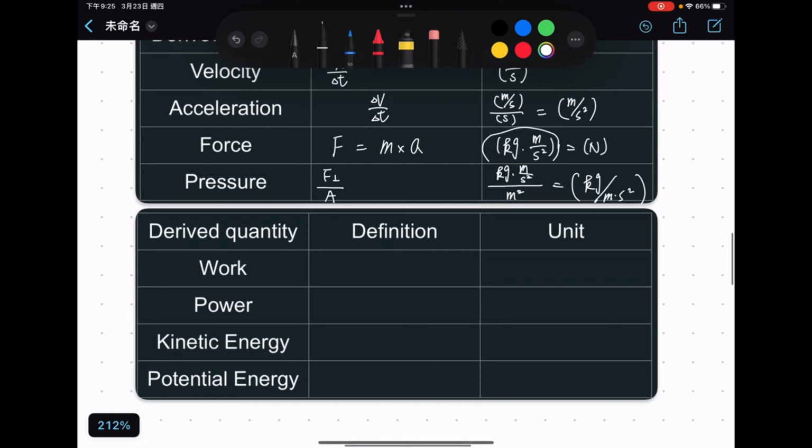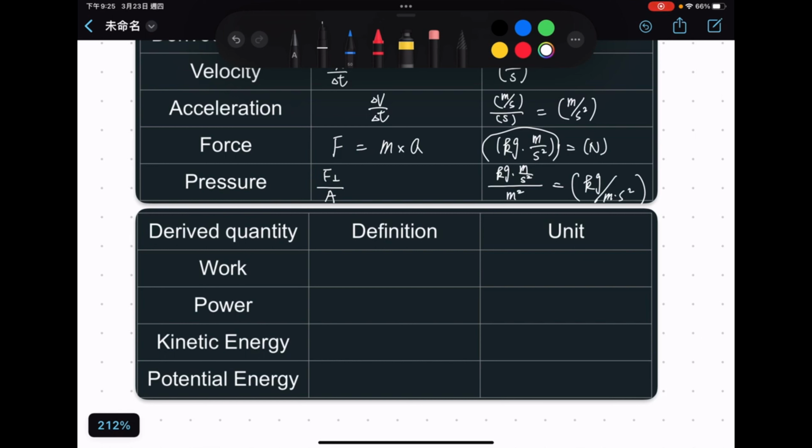So let's see the last part. I think it's also difficult here. Let's see the definition of work. The work is the dot product of force and displacement.